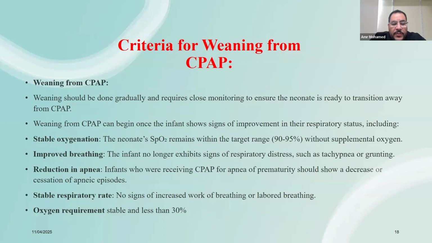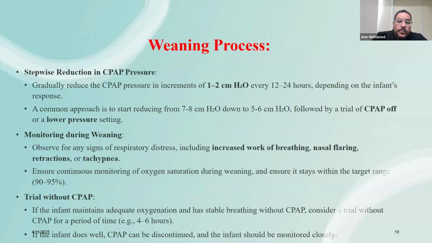In case of apnea of prematurity, if the apneic episodes have stopped or even become less frequent and shorter in time, we can think about weaning CPAP at that time. A stable respiratory rate and a stable oxygen requirement of less than 30%.